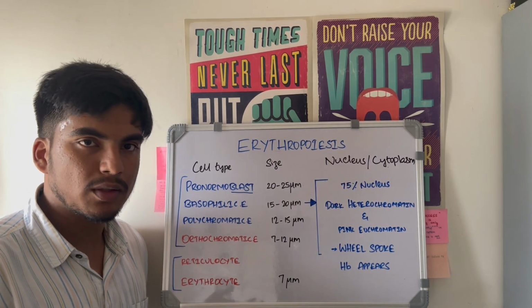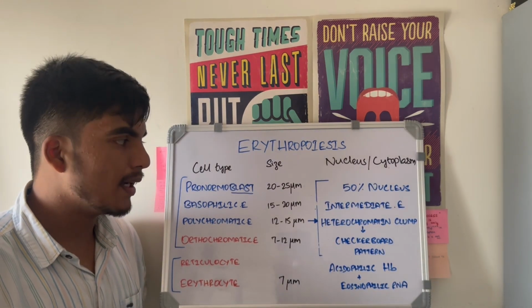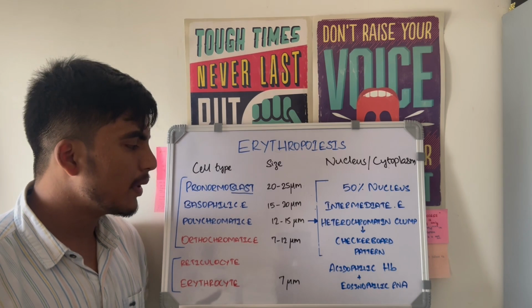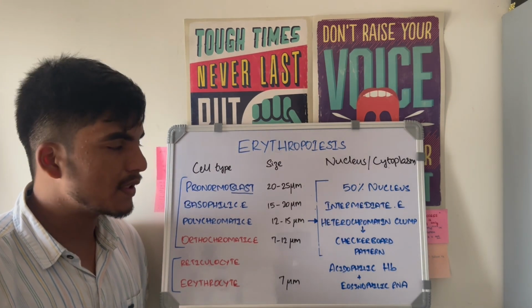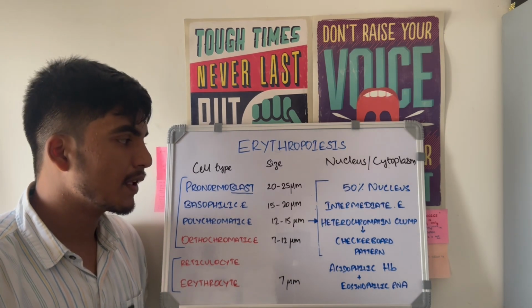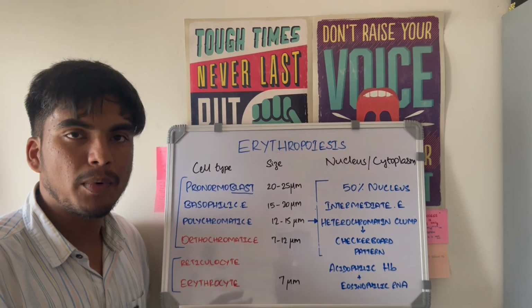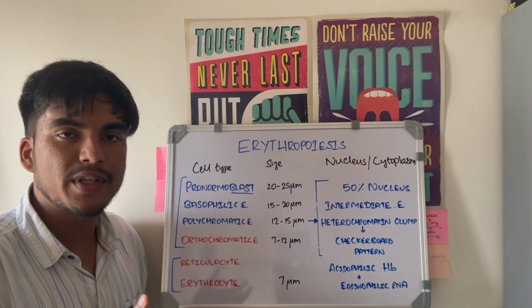After basophilic erythroblast, we have polychromatic erythroblast. Polychromatic erythroblast is also called the intermediate erythroblast. The cell size of this polychromatic erythroblast is 12 to 15 micrometers. Nucleus occupies about 50% of the cell. The heterochromatin clump organization in this polychromatic erythroblast is such that it gives a checkerboard pattern.